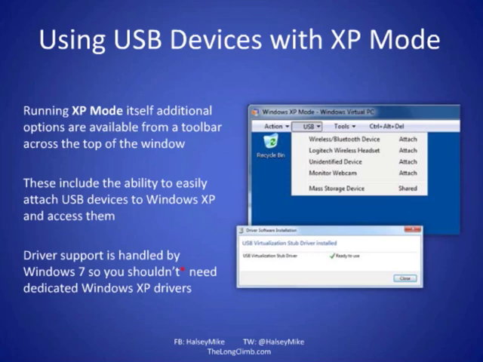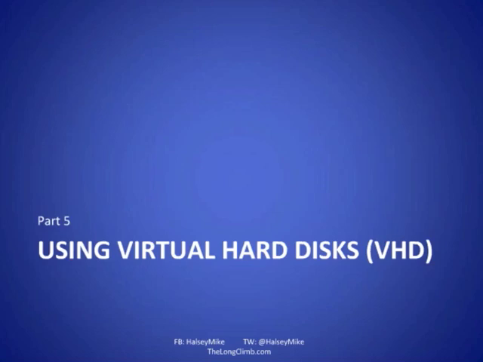You can attach USB devices, and it will remember, or at least it should remember if it does it right, that you've attached something, and you don't need the XP driver. Windows 7 has a bridge driver, so it uses your Windows 7 driver with this bridge to get it working in Windows XP.